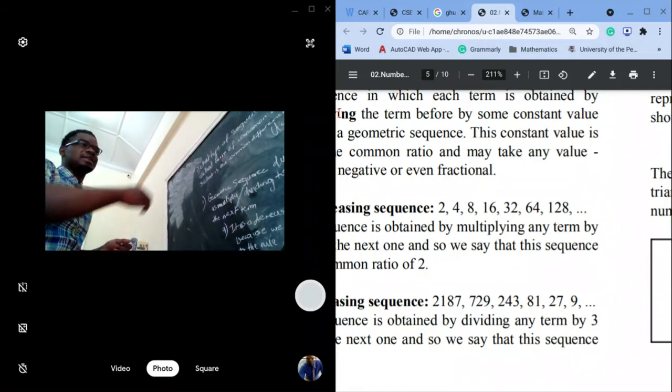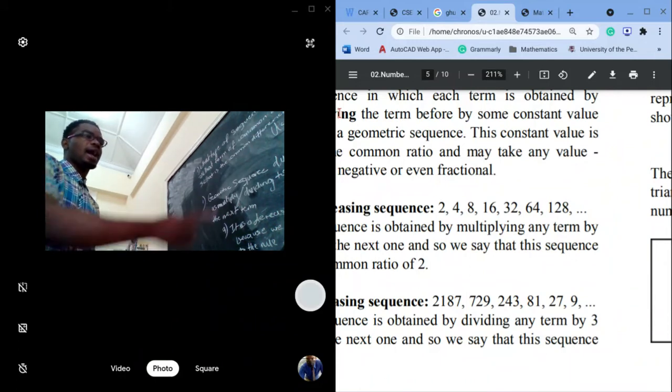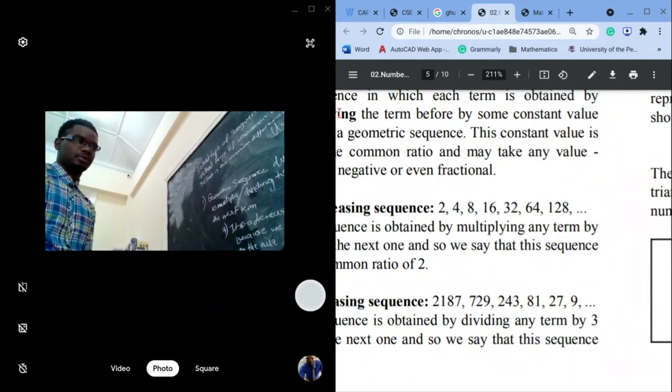Am I having a negative number, a positive number, or a fraction? Has to be a positive number. I am decreasing by a positive 3. All right? So that would be the answer for 2. And the third one, what is the common difference? You're going to tell me 3. All right? We divide by 3 each time.